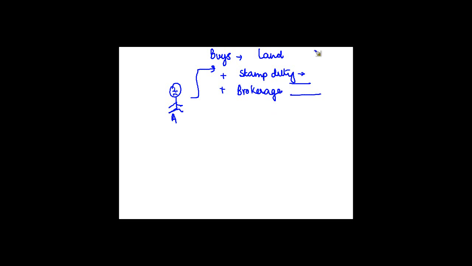Once you pay all these three amounts, let's say the total of this is X. This is known as the cost of acquisition. To acquire this capital asset, what are the various costs that I paid? Now, 3 years down the line, this gentleman realizes that the value of this land is now 2x.